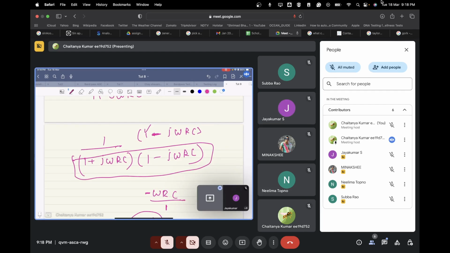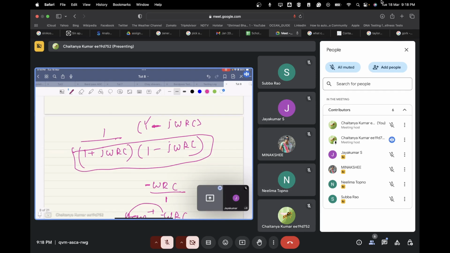Basically, 1 upon 1 plus j omega RC will be multiplied and divided by its conjugate. So it will look like 1 minus j omega RC divided by 1 plus omega square R square C square. Correct? Now if this is written as RE plus j times IM, what is your RE?